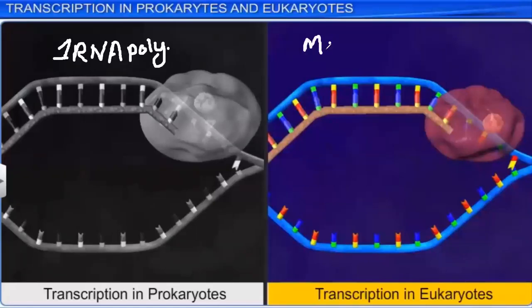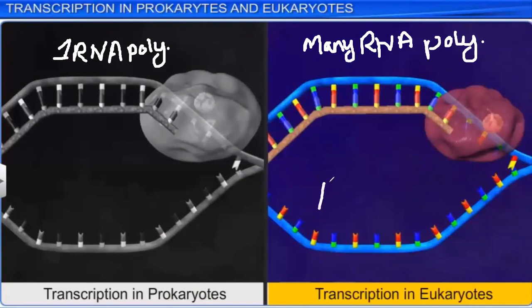While in eukaryotes, since we have a definite nuclear membrane which separates the nucleus from the cytoplasm, transcription happens inside the nucleus.